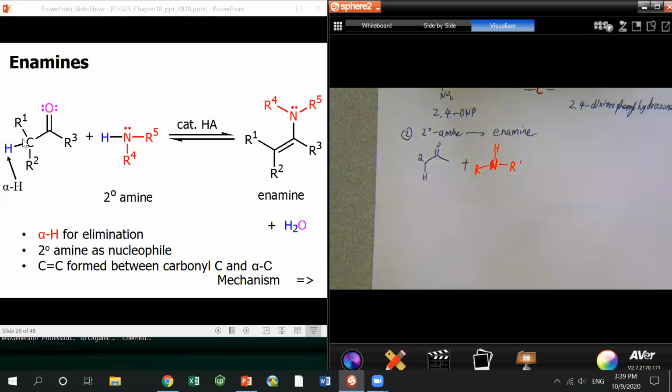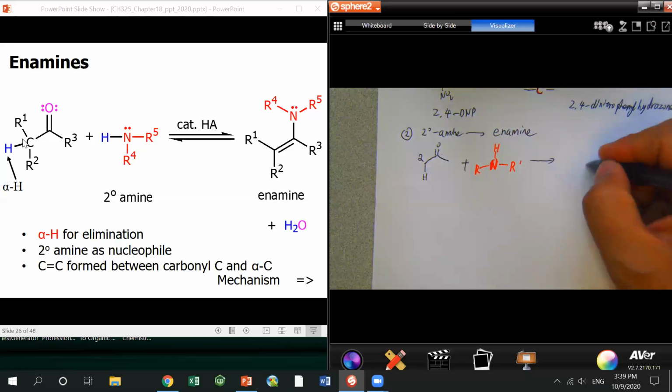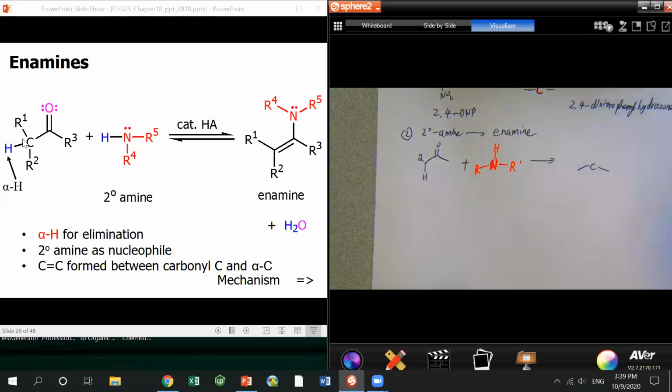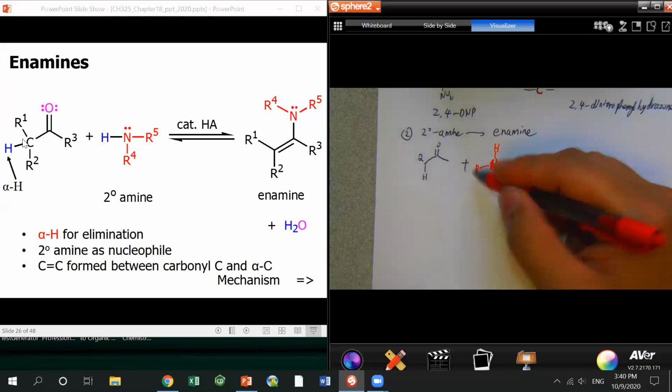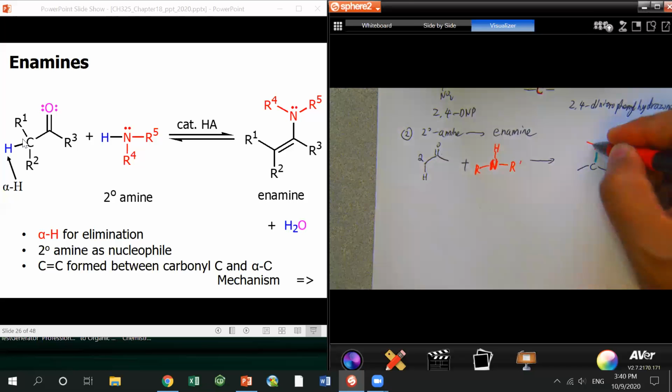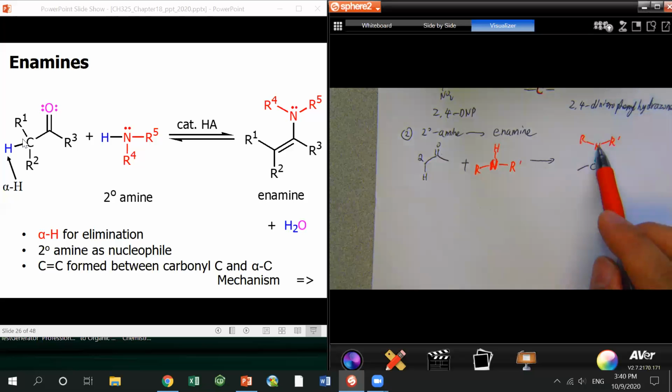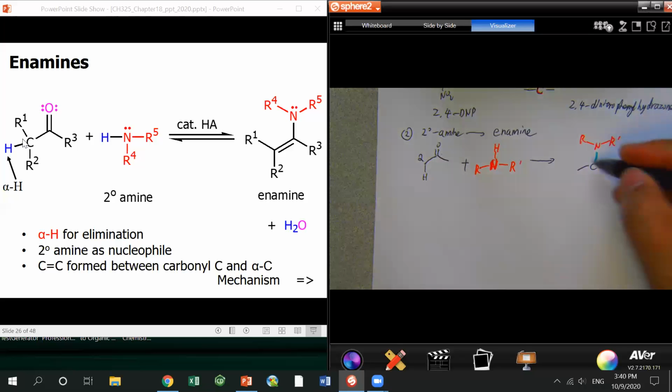Once the reaction is done, we draw the aldehyde or ketone part, that's the carbon, and then build only a single bond with the secondary amine, R and R prime, because you cannot build a double bond; that would break the octet rule. Instead, you build a double bond between the carbon and the alpha carbon.